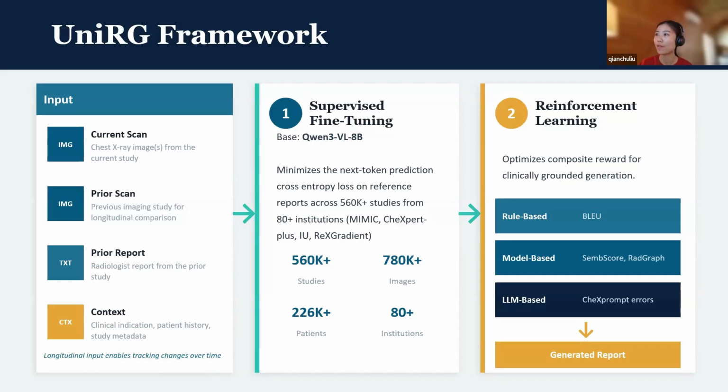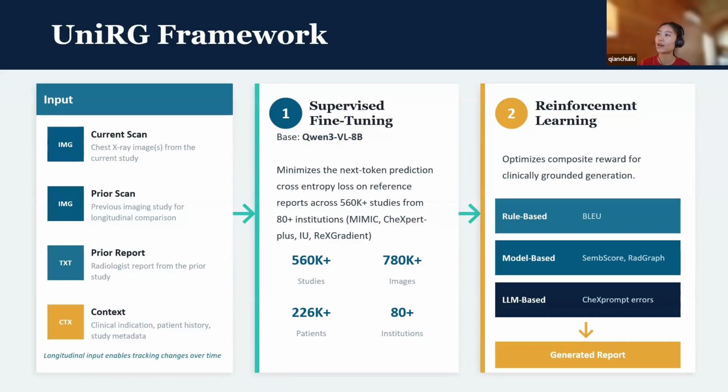And then after we complete the supervised fine-tuning, we move on to the second stage, where we're leveraging reinforcement learning to build on top of a good foundation from SFT, and to optimize for the metrics that we really care about, and that we will evaluate at the end.